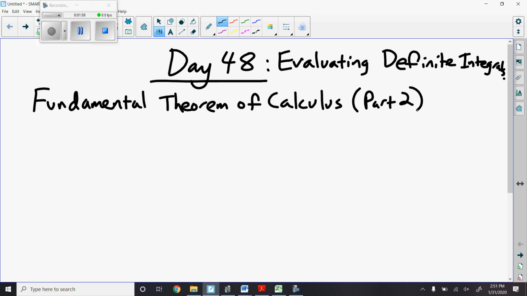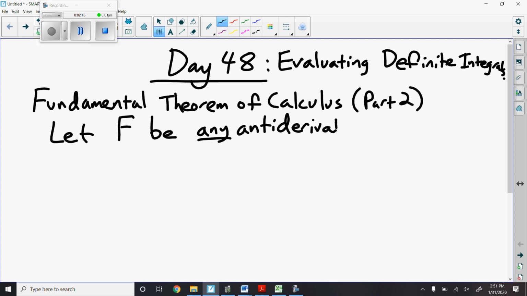So it's going to say this, let capital F be any antiderivative of f.